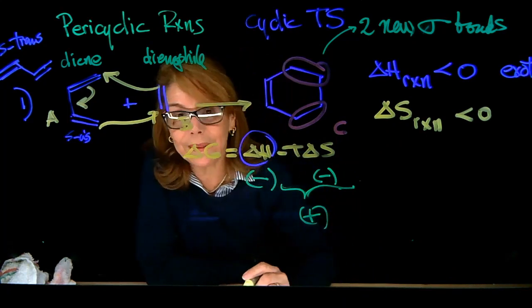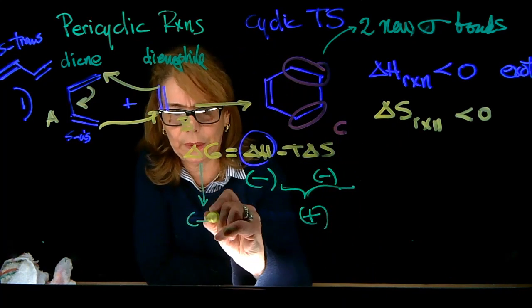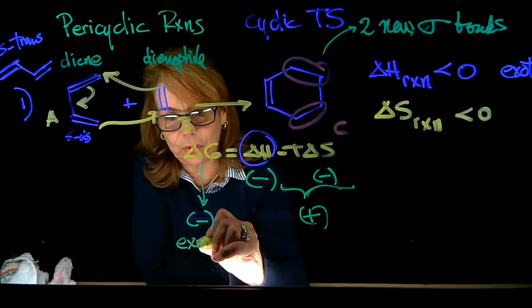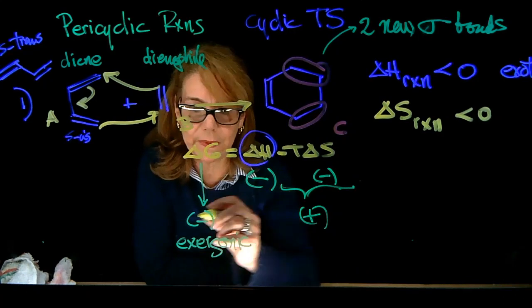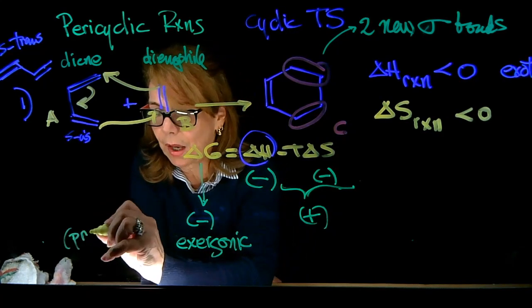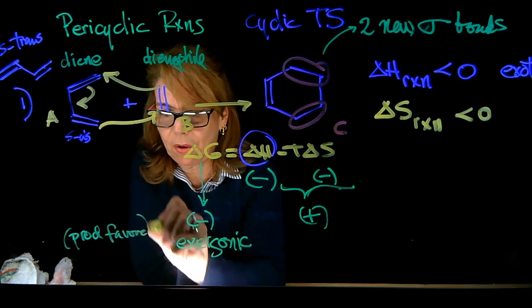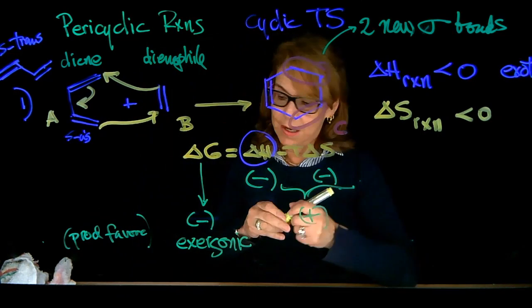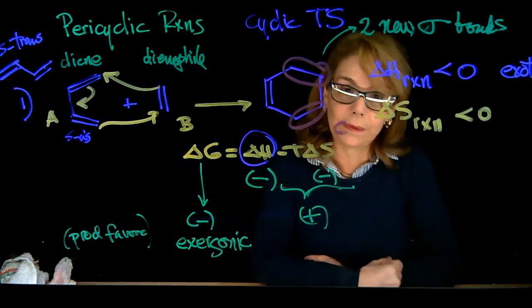For the reaction to be product favored, I want delta G to be negative. Negative is an exergonic process, so that means product favored. But now this term is negative and this term is positive. So I need the delta H term to be bigger than the other term.